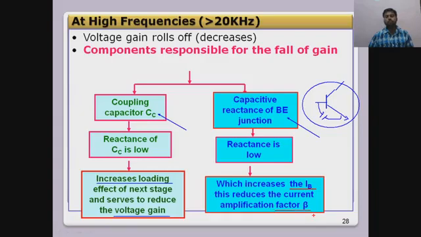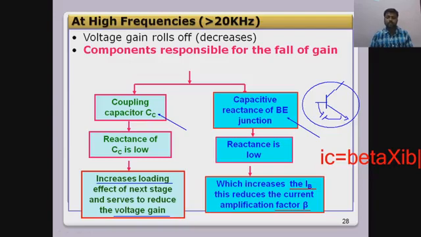As we know, the collector current IC equals beta times IB.